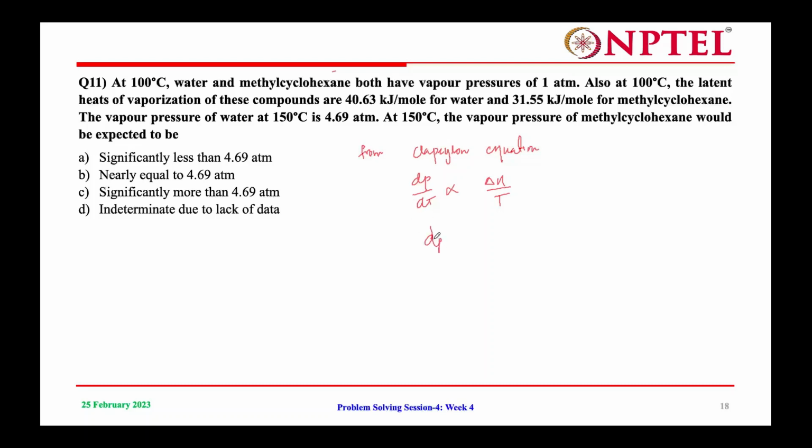So dP is directly proportional to delta H, right?